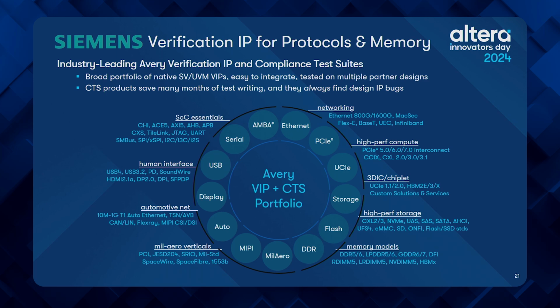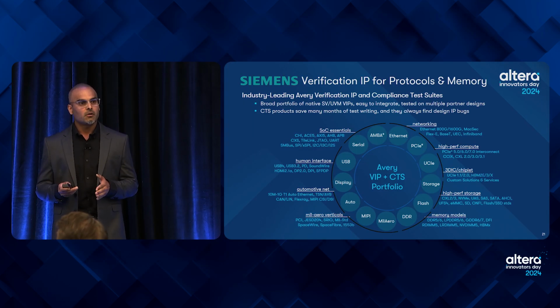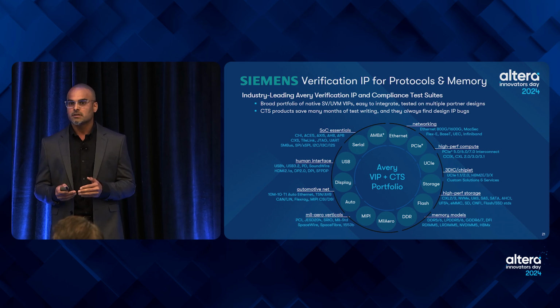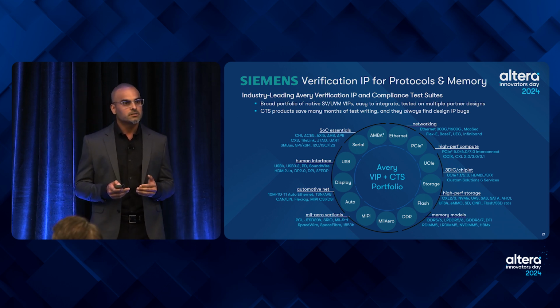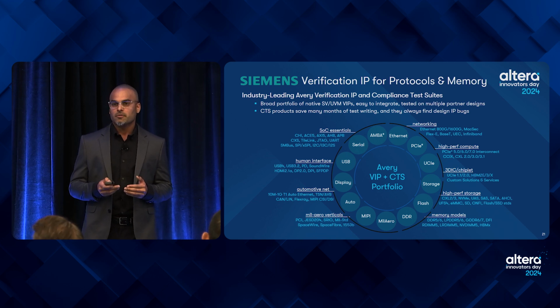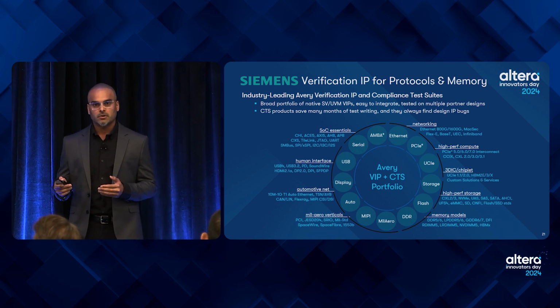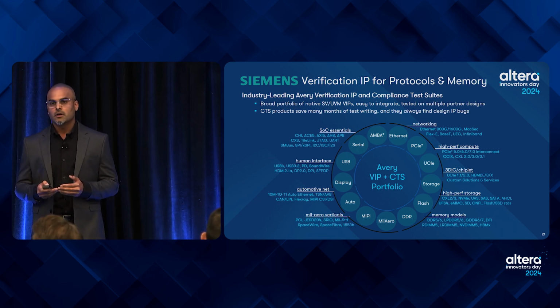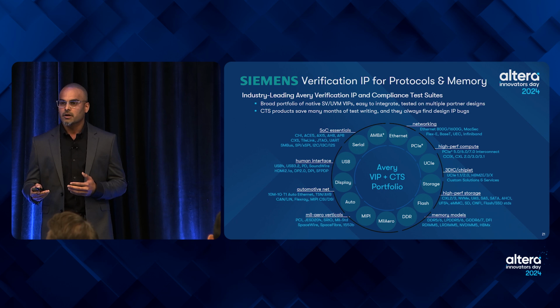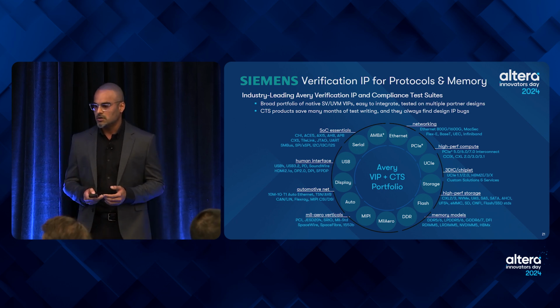Verification IP is natively SystemVerilog and UVM based. There is no C layer underneath. What does that mean? It results in a faster turnaround simulation time. We have measured that against several other vendors that have verification IP solutions and also have a C layer underneath. That takes a lot of time in case of simulation turnaround time.